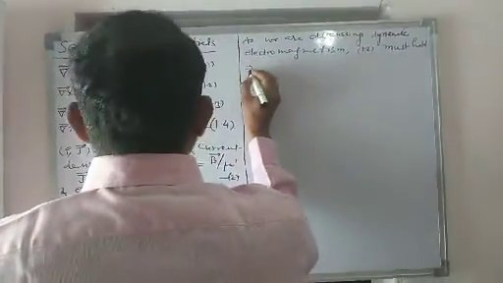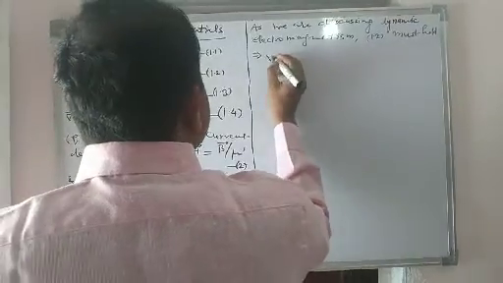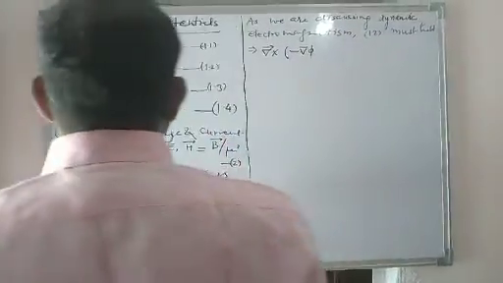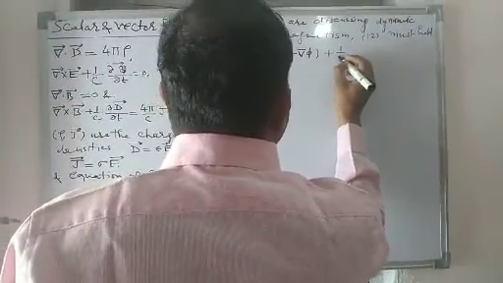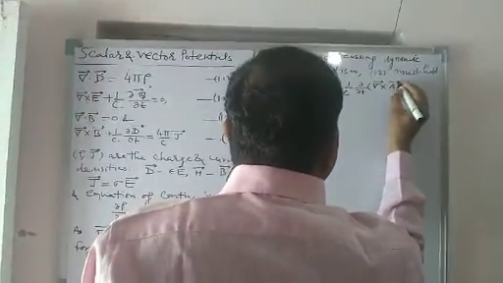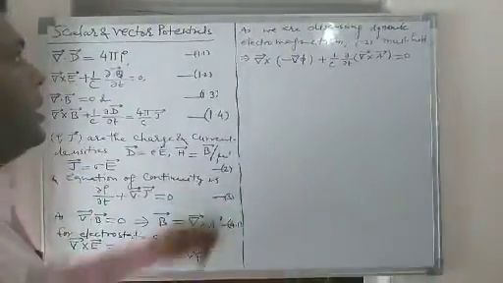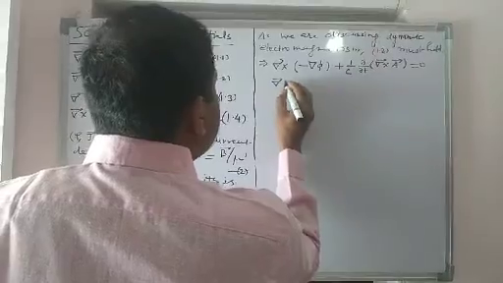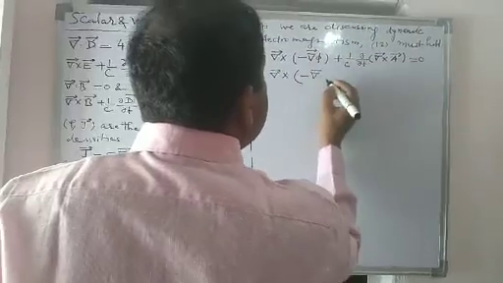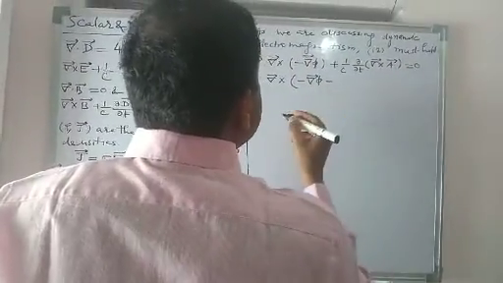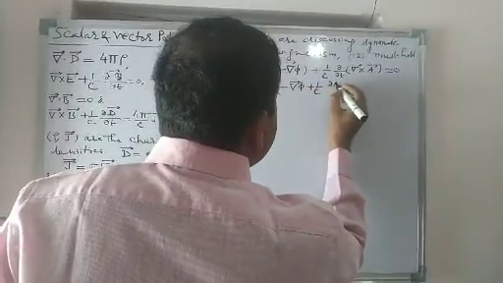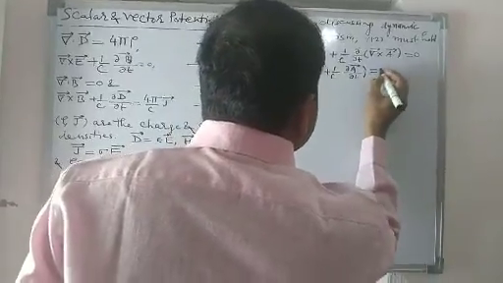So let's see what 1.2 is. This is del cross, minus del of phi, plus 1 over c del by del t of the curl of A, which is the value of B. From here we could express this whole thing as the curl of the whole function. So we could write this as the gradient of phi plus 1 over c del A by del t, and that whole thing should be 0.